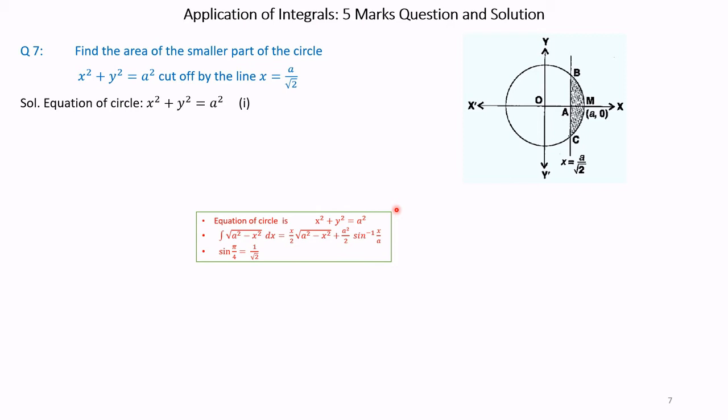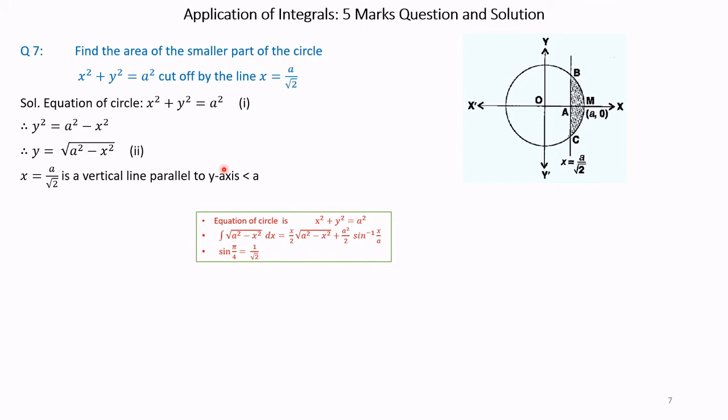So the equation of the circle we know: x square plus y square is equal to a square. Therefore, rearranging, y square is equal to a square minus x square. Therefore, y is equal to square root of a square minus x square. Let it be equation 2.